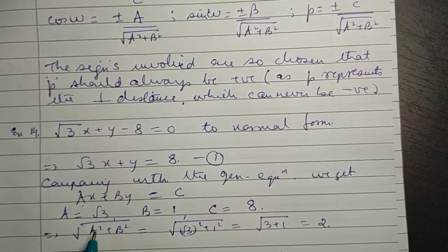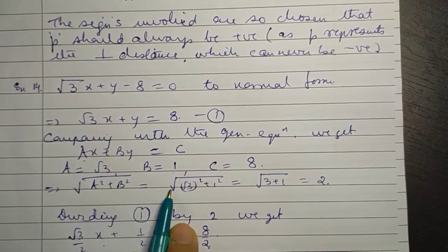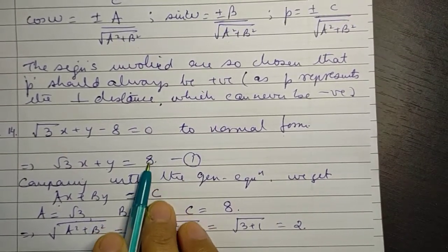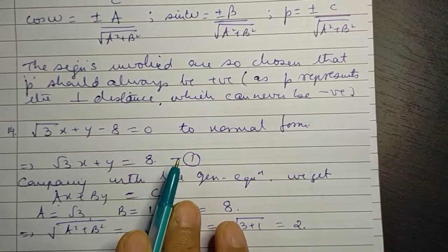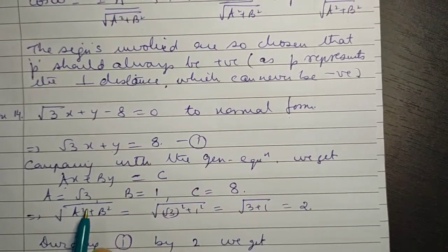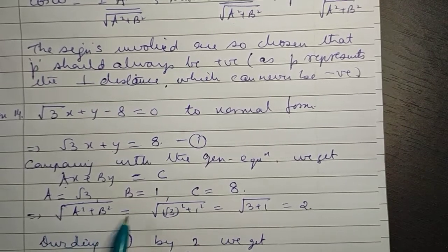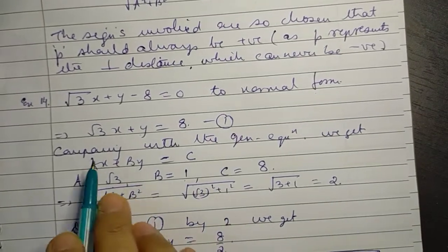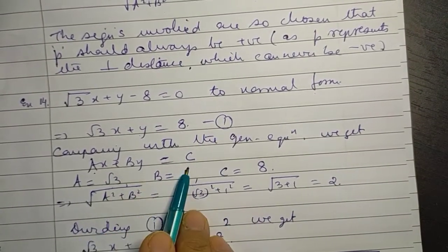So first find the value of square root of a squared plus b squared. Now by making this 8 positive, we have ensured the sign assumed. So that first part is done. Second part is to find square root of a squared plus b squared, which comes out to be 2. Now divide throughout this equation by 2.